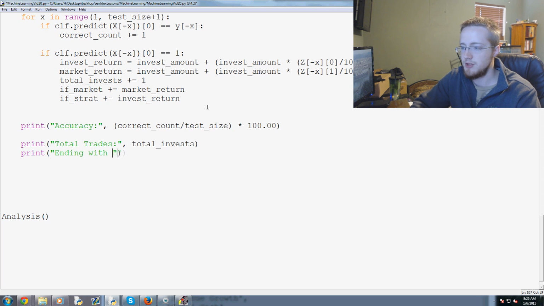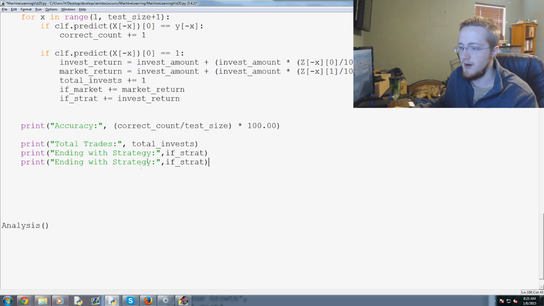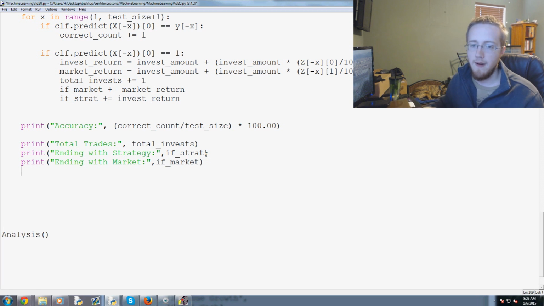So ending with strategy, we'll do if_strat like that. Let's do a colon here. And then we're going to just copy and paste this line rather, and replace strategy with market. And then if_market. Okay, so those are our ending values.